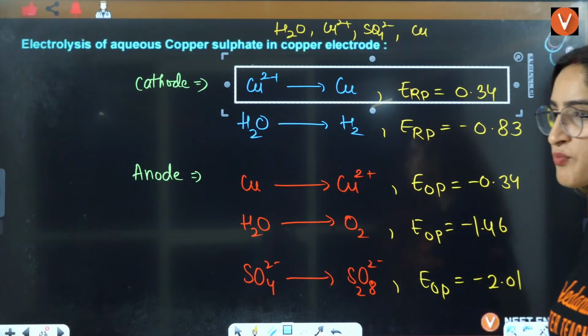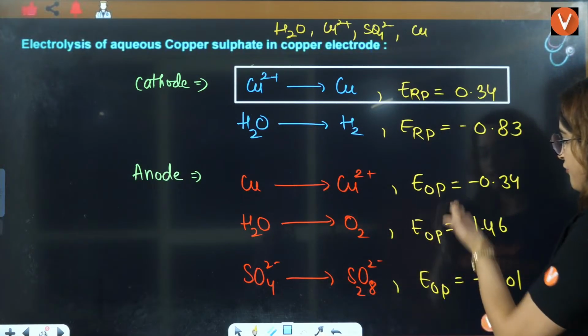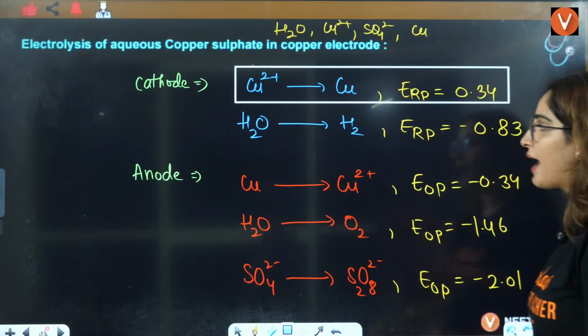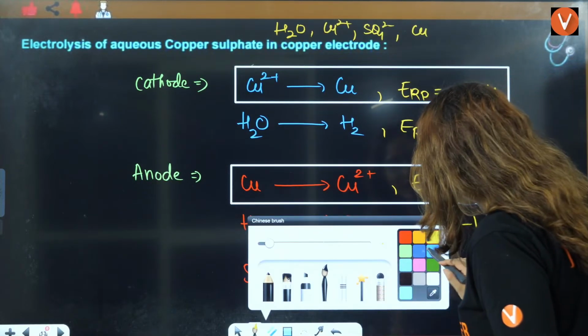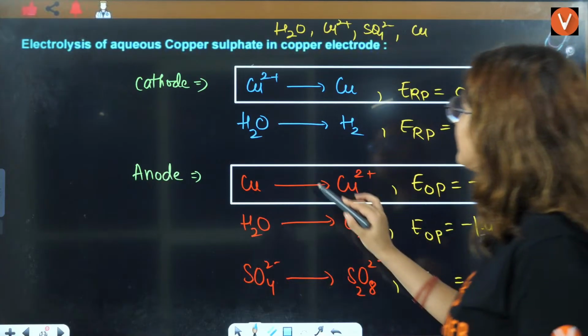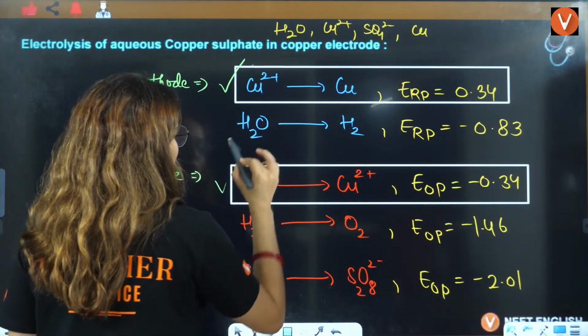And the highest oxidation potential, minus 0.34, is the highest value, isn't it? So can I say simply that these two things will be selected here?